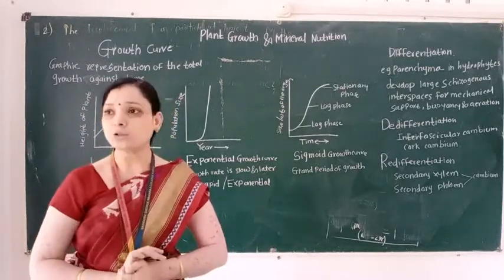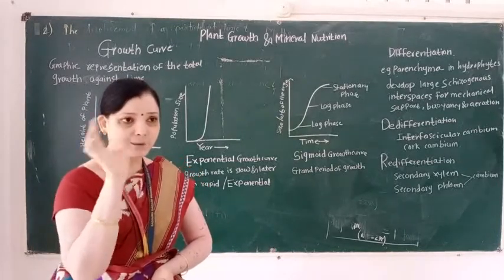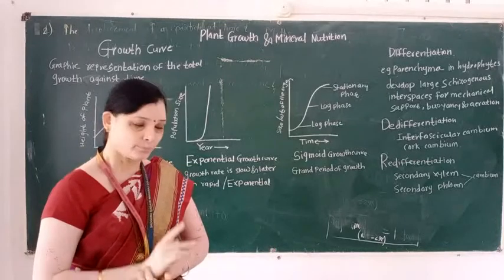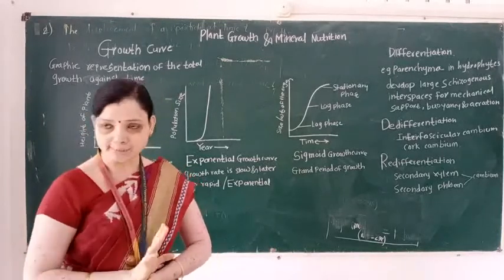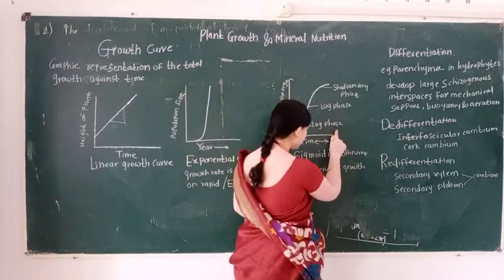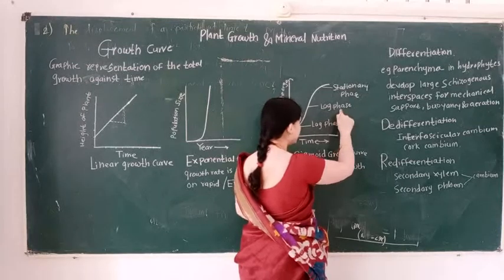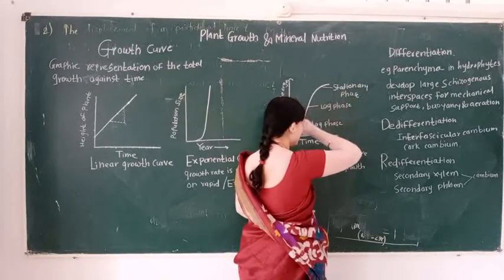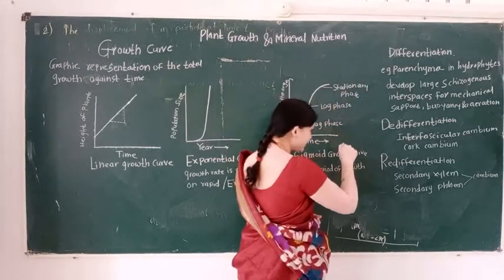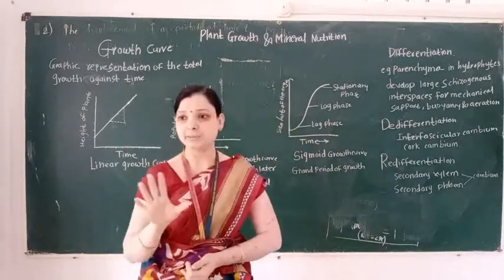In this growth curve, three phases are seen. Which three phases? First phase is known as a lag phase, second phase is known as a log phase, and third phase is known as a stationary phase, or it is also called a steady phase.